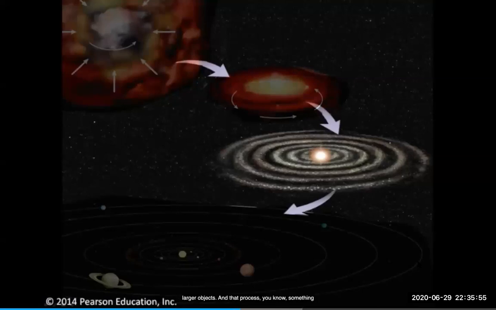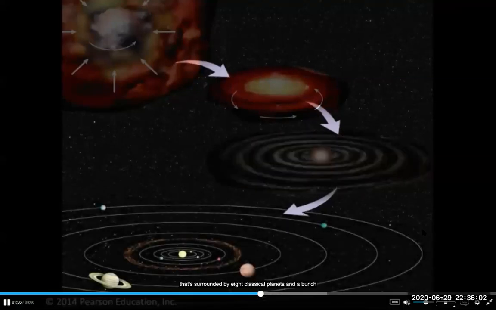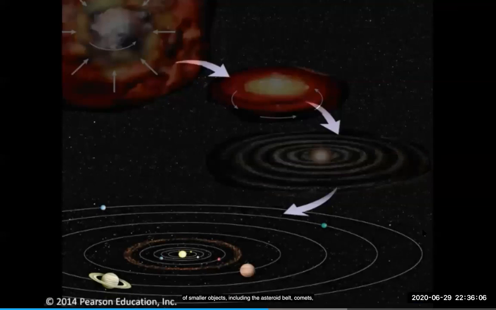And that process, something like 4.5, 4.6 billion years later, has resulted in a star that's surrounded by 8 classical planets and a bunch of smaller objects, including the asteroid belt, comets, dwarf planets, and so on. So that's the basic idea behind the nebular theory. It's basically an explanation for where the solar system came from.